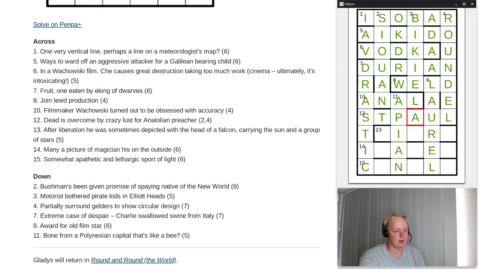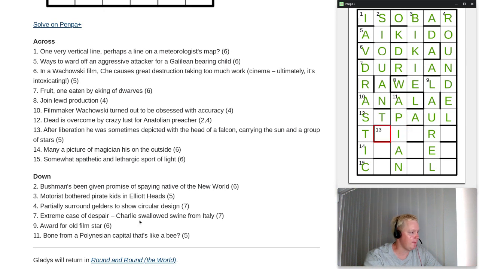It's in an unexpected order. So it's going to be these 4 letters here, STUL, and something is overcome by that. So PA doesn't mean dead, but it does mean dad. Your pa is your dad. And if you remove this E here, you get dad is overcome by crazy lust for Anatolian preacher, and that gives us Saint Paul. So the E was the extra letter there.